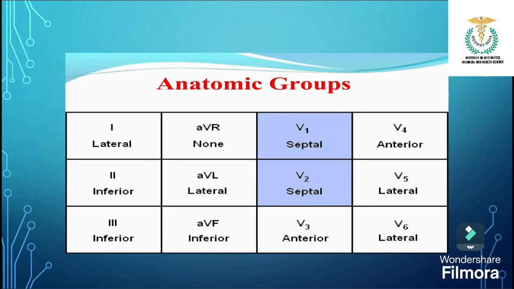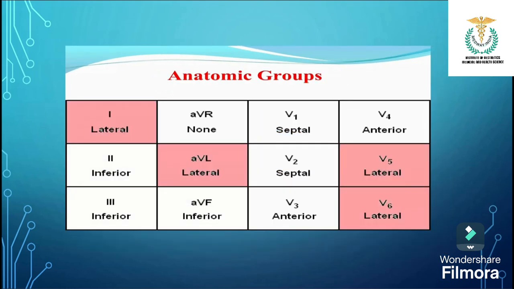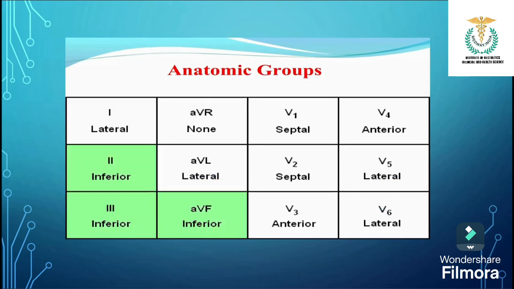Now there is an anatomical grouping of the leads. As per the highlighted part, V1, V2 are septal. Then 1, AVL, V5, V6 are lateral. 2, 3, AVF are inferior.